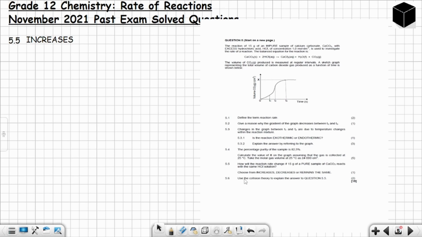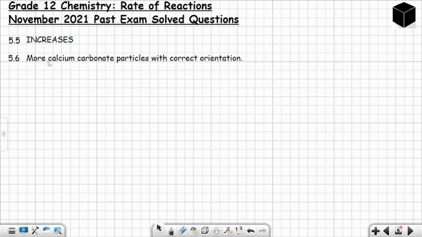Obviously, when you have a pure sample, you are going to have more particles of calcium carbonate with correct orientation, and this will lead to more effective collisions per unit time. Okay, we have used the collision theory to explain why the reaction rate will increase when you have a pure sample of 15 grams of calcium carbonate.